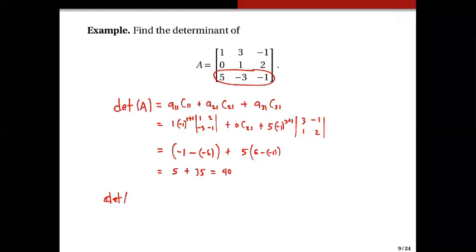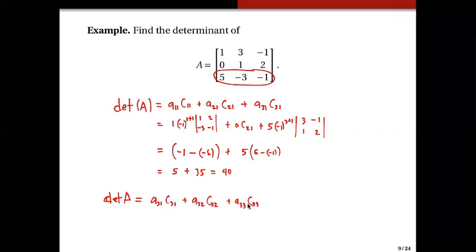Determinant of A is equal to, let me write first the expansion. Using row 3, we have A31 C31 plus A32 C32 plus A33 C33.